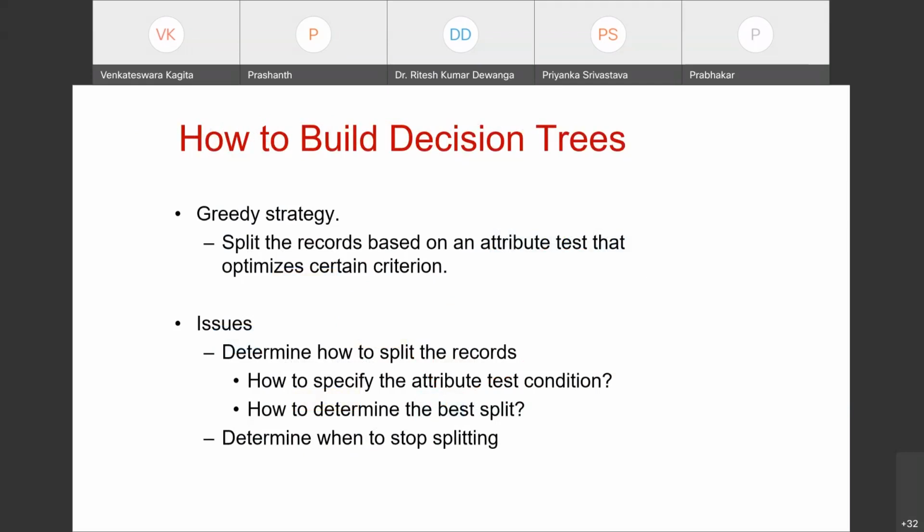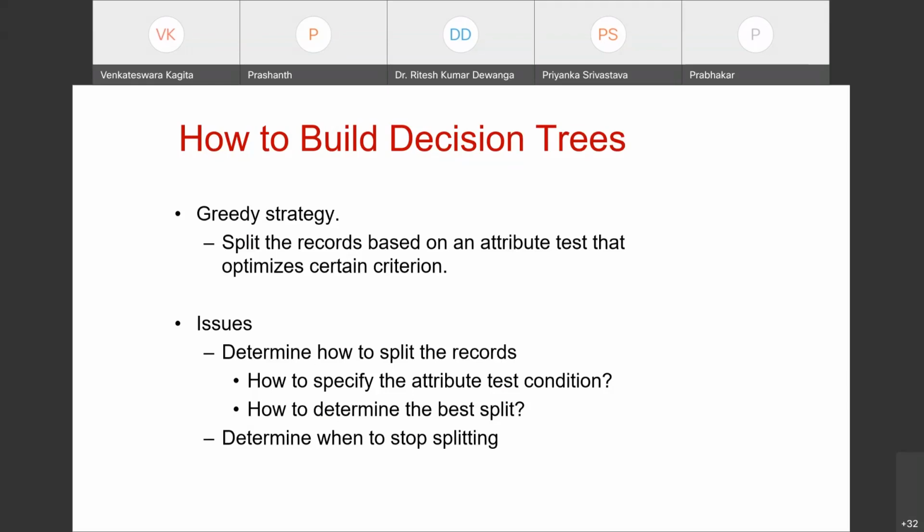It means we split the records based on the attribute test that optimizes a certain criterion. So we select some criterion, and we select the attribute that maximizes that criterion. What is that criterion? We'll see that. Don't worry about it.